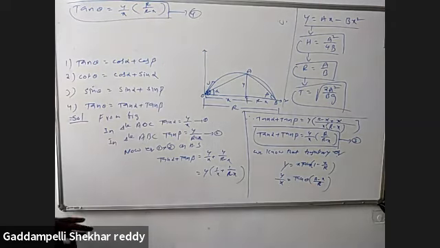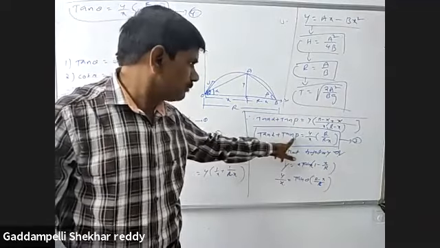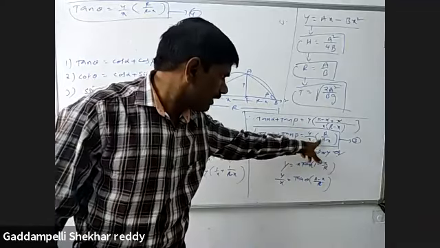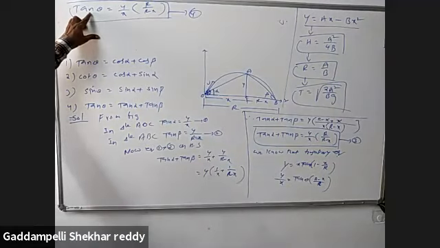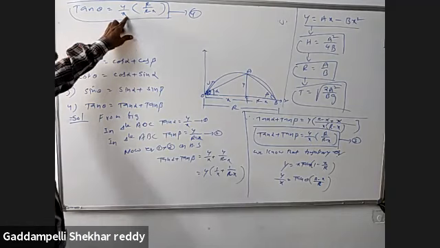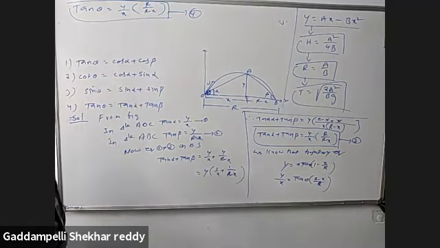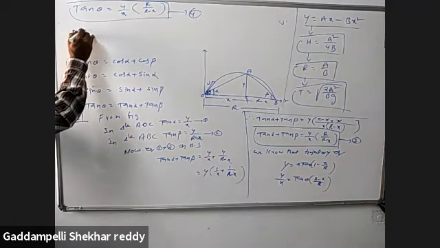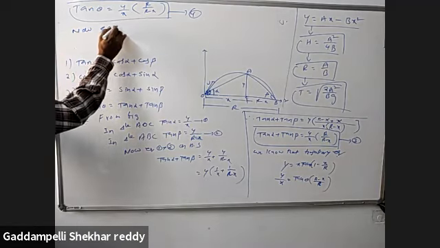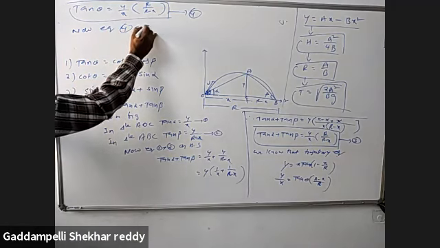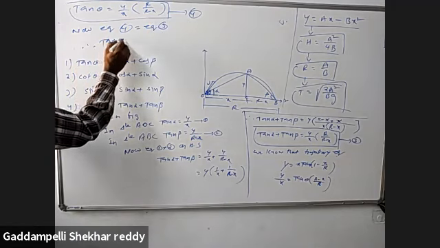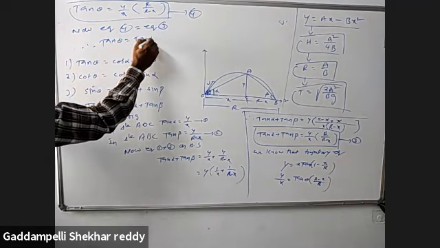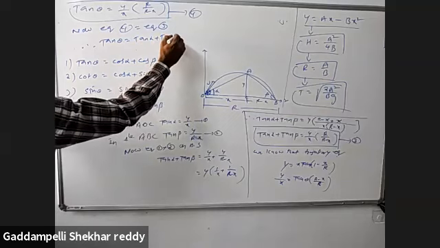Equation 4. So equation 3: left side tan alpha plus tan beta is equal to right side y by x of r by r minus x. Fourth equation: left side tan theta, right side y by x of r by r minus x. So the right sides of both are the same. That means equation 4 equals equation 3. Therefore, tan theta is equal to tan alpha plus tan beta.